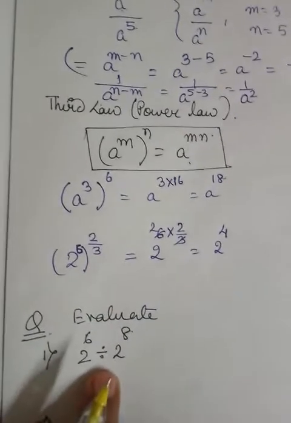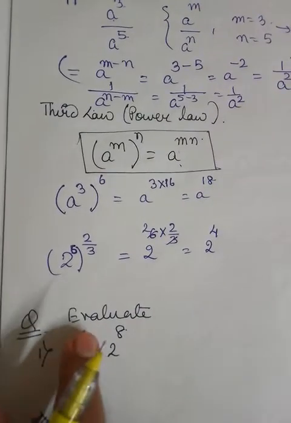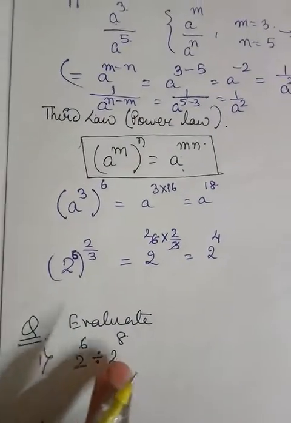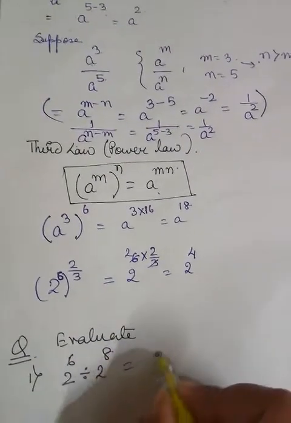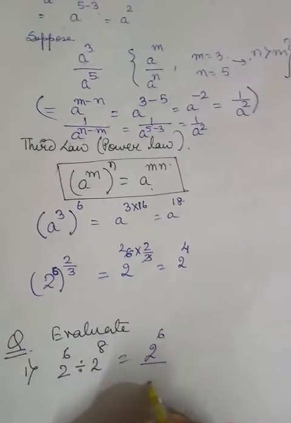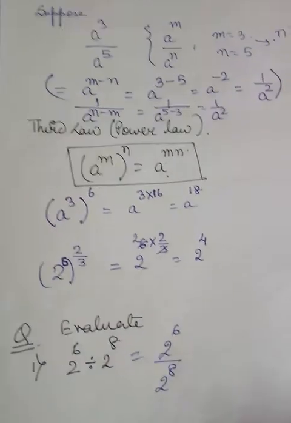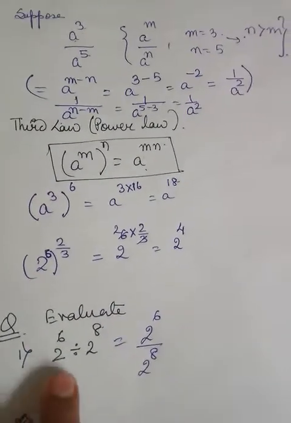For example, if we want to solve 2 to the power 6 divided by 2 to the power 8, this means 2 to the power 6 by 2 to the power 8, because there is division.